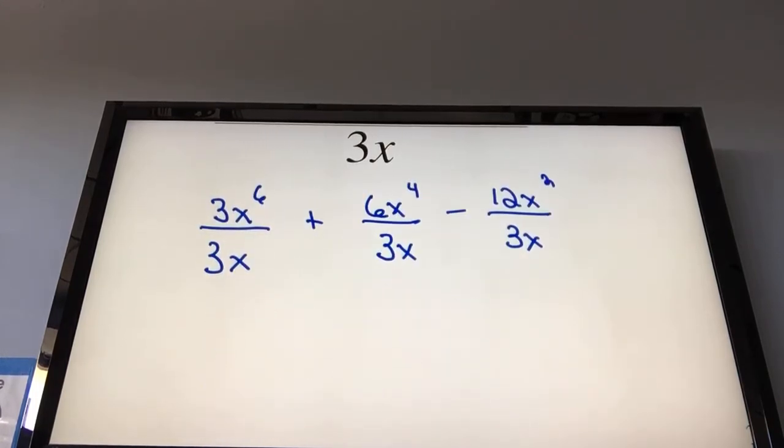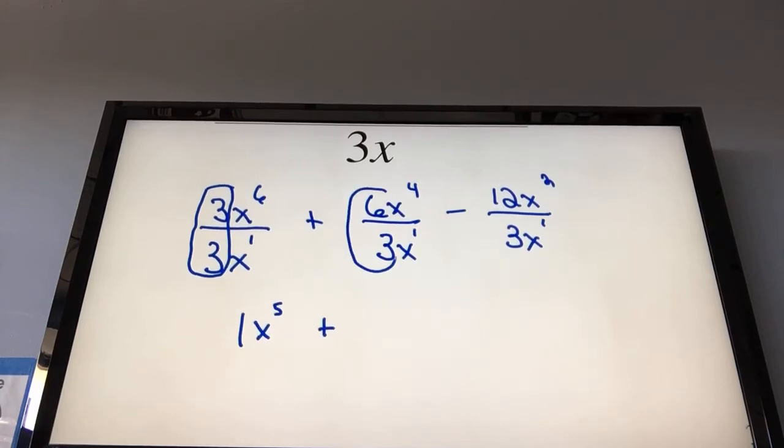All right, so we separate. Again, you don't have to write it, but you've got to know that that's an understood power of 1. So first I'm going to do 3 over 3, that's equal to 1. On my exponents, 6 minus 1 leaves me x to the 5th in the numerator. 6 is bigger, so they end up there.